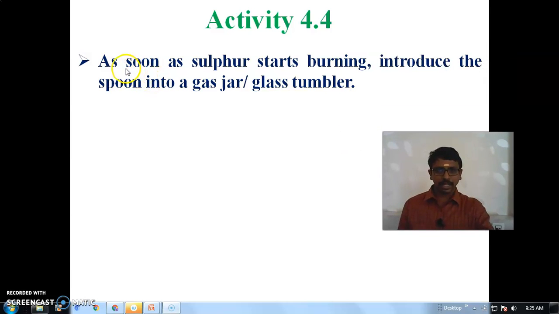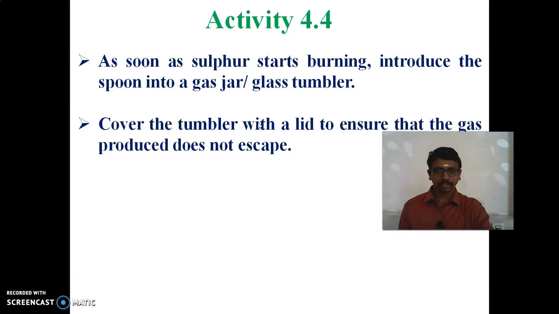As soon as the sulfur starts burning, introduce the spoon into a glass jar or glass tumbler. So after the sulfur burns, we have to introduce the burning sulfur into the glass jar or glass tumbler.